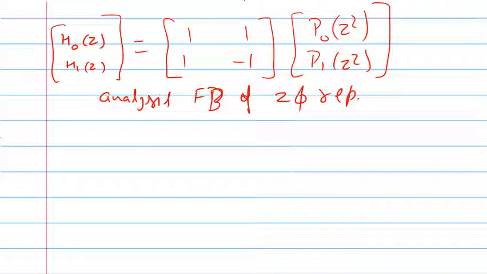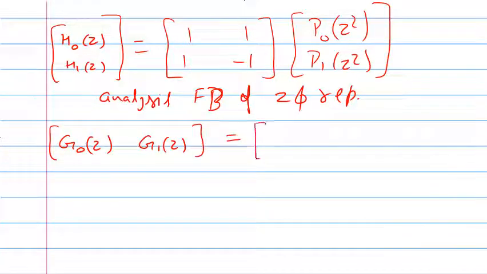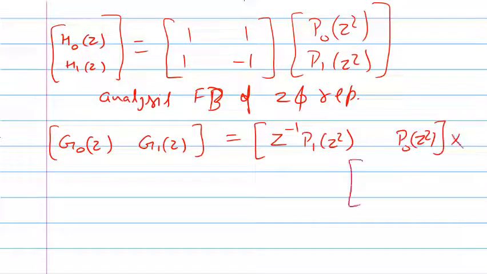Similarly, the second pair of equations: you can write G0(z), G1(z) as the matrix [1 1; 1 −1] multiplied with the column of P1(z²) and P0(z²), with the appropriate signs.